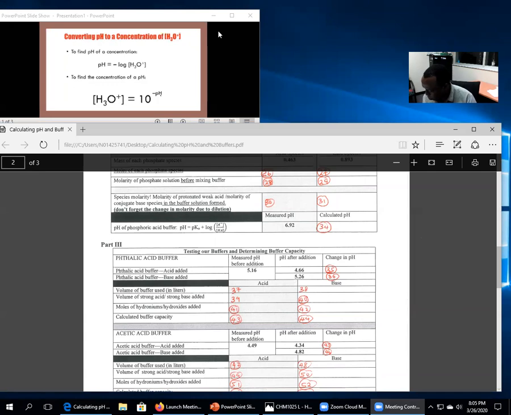Can somebody read for me page 146? Item number 3. Somebody read for me item number 3 on part 3, page 146.